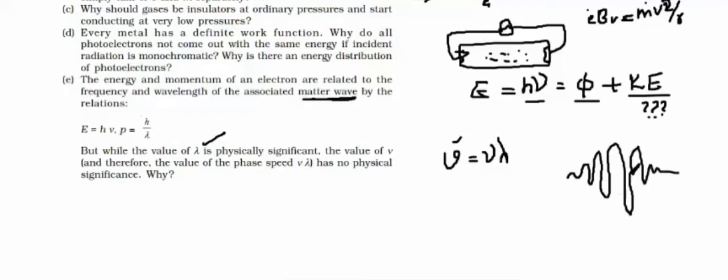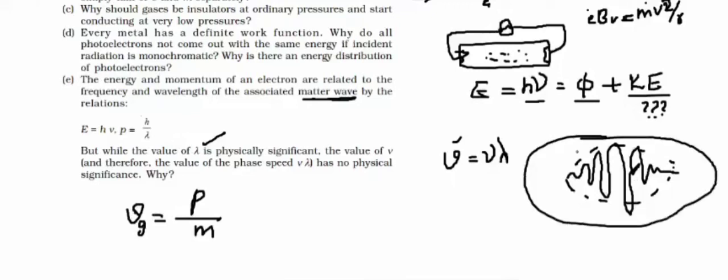Now this v is the speed of individual waves, while the wave packet is associated with the particle, and the total wave packet has a velocity which we call the group speed. Group velocity vg is equal to p by m, because the de Broglie wave, the matter wave, is associated with a particle having mass. So it is the velocity of the entire particle.